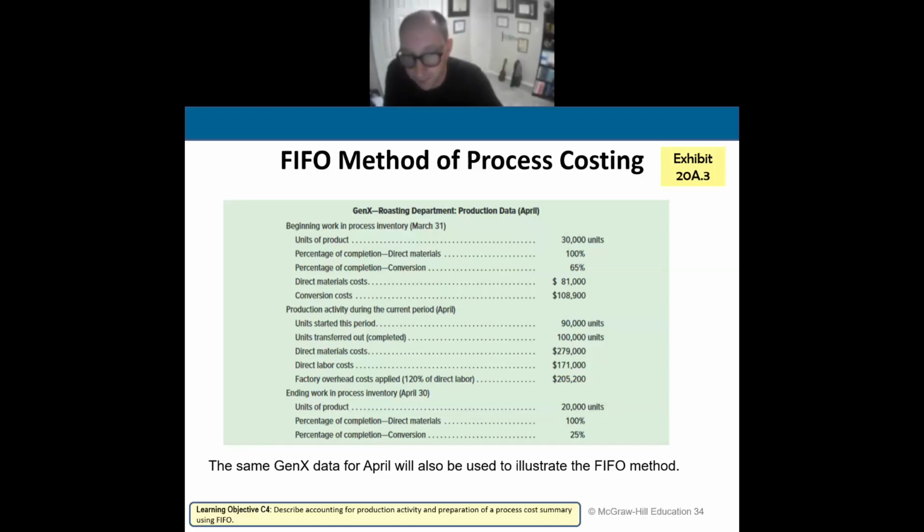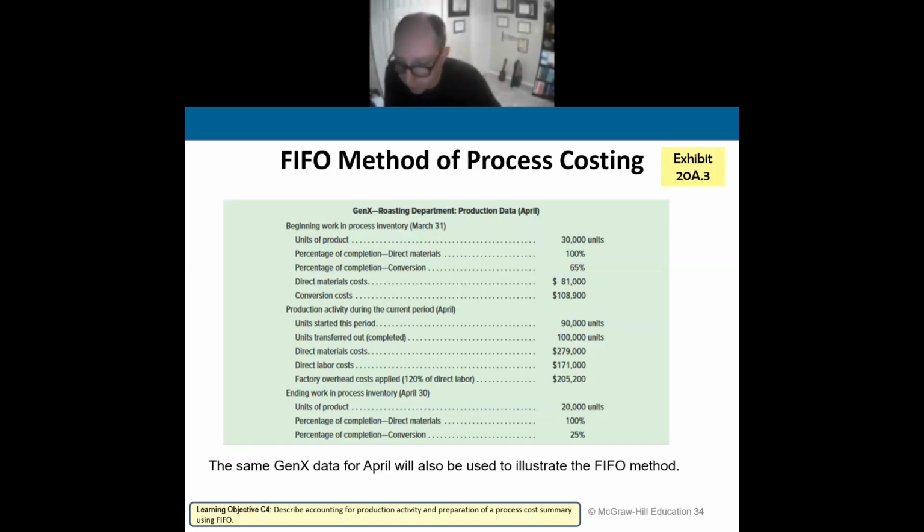Most grocery stores use the first in, first out accounting method for their inventory. That's why when you go to the grocery store, the first thing you see on the shelf is the oldest unit, the one expiring the soonest, right? That's what you see first. That's why you've got to reach in the back for the newer stuff. But that's the concept, first in, first out.